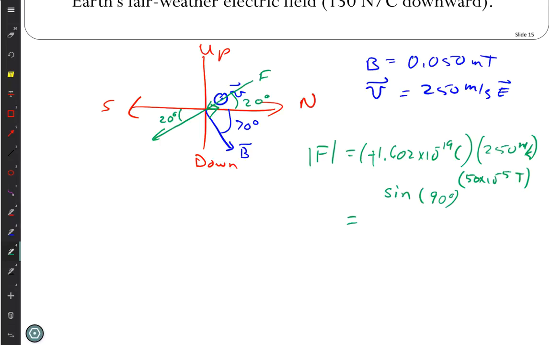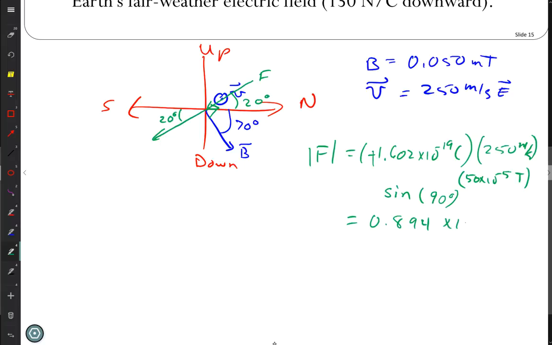I get 0.8940 times 10 to the minus 19. You got what? 2.0025. No, I was looking at the wrong thing. She's right. I'm getting 10 to the negative 20.